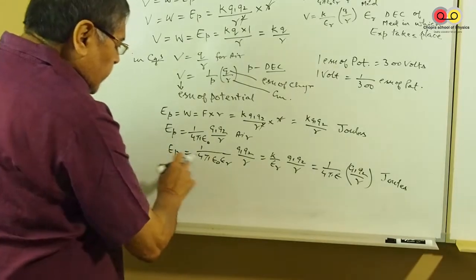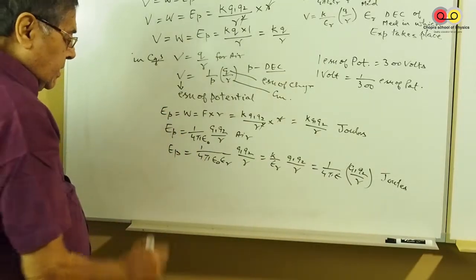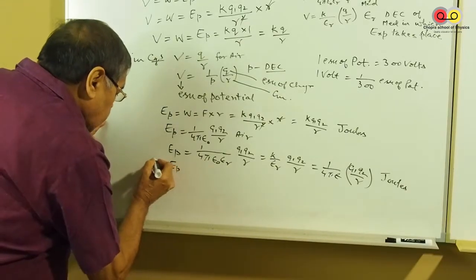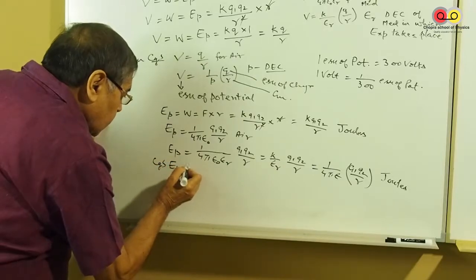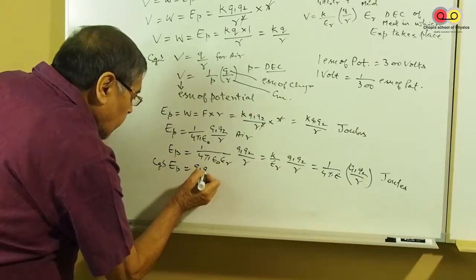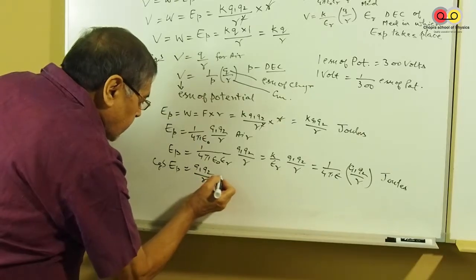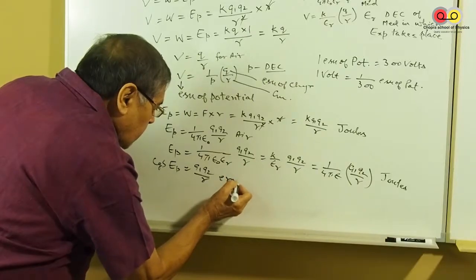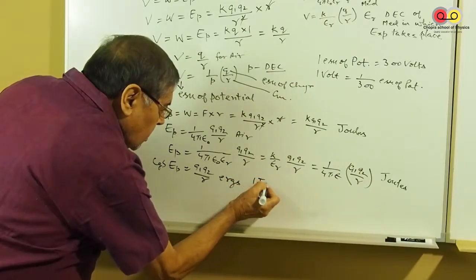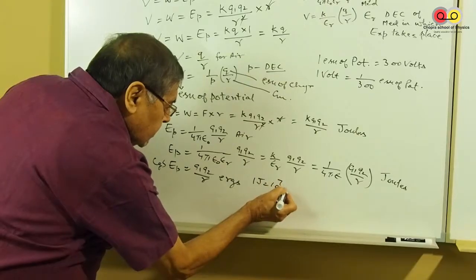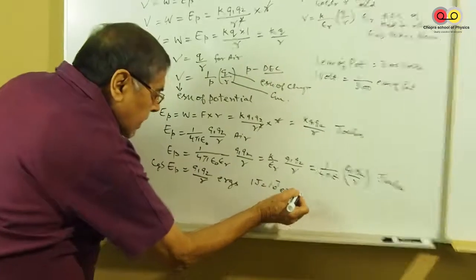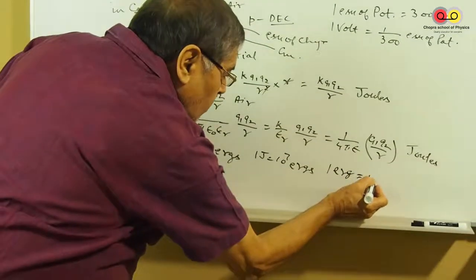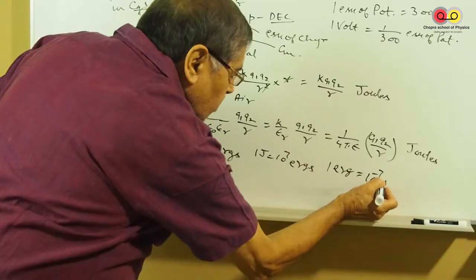So this is how we estimate electrical potential energy. In the CGS system the formula of electrical potential energy is simply Q1 Q2 divided by R, and this is estimated in ergs. 1 joule is 10 to the power 7 ergs, and 1 erg is 10 to the power minus 7 joules.